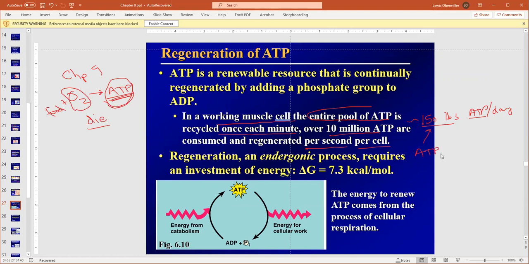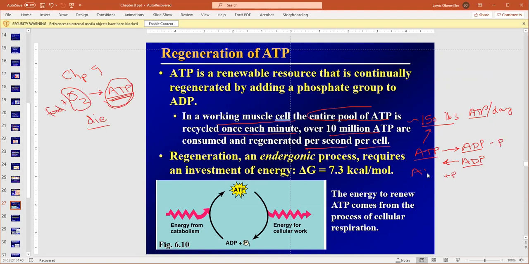And so your body is really good at this. Remember, if we use ATP, it becomes ADP, high energy molecule to low energy molecule. But remember, all reactions are reversible. So what your body does is, instead of making a whole ATP from scratch, all it does is add a phosphate, right?